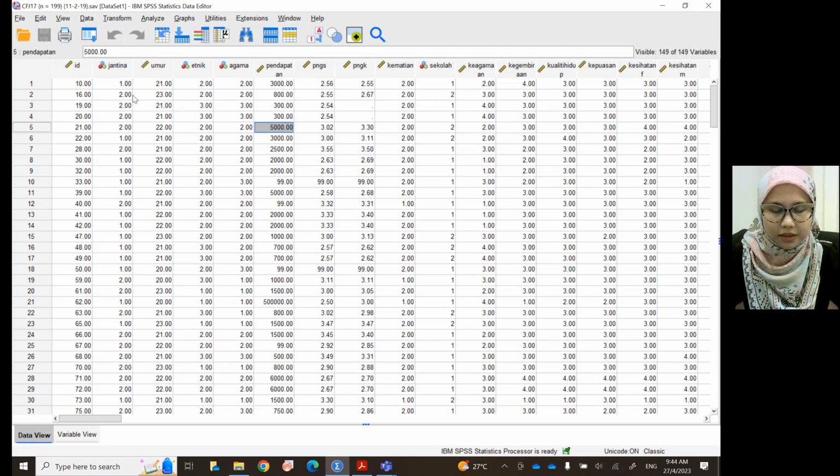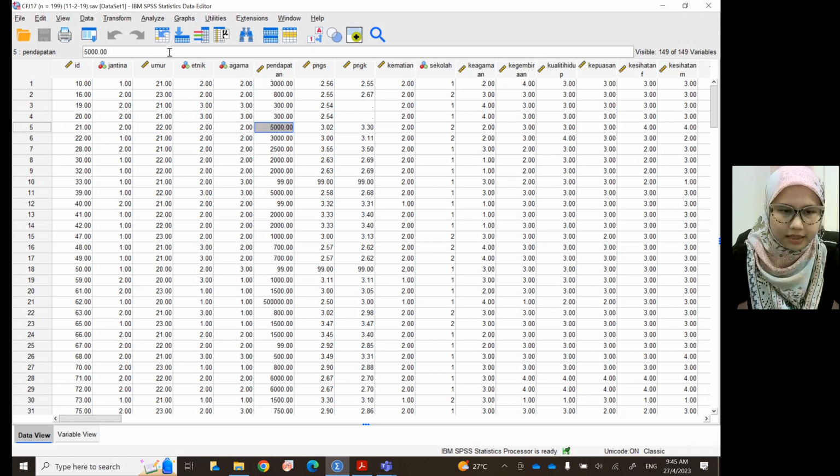For the parametric analysis, if for your research objective you want to compare or obtain the differences between one variable and another, you can use t-test. I have mentioned this before. And if you want to know the correlation or the relationship between one variable and another, you need to use Pearson correlation.